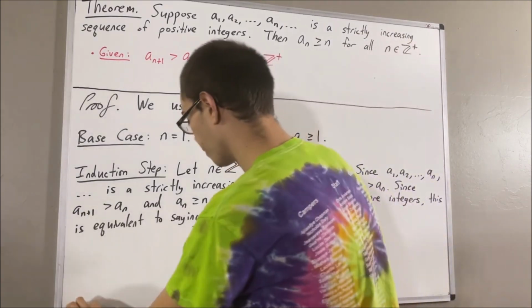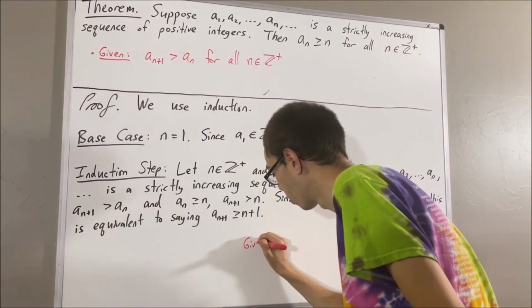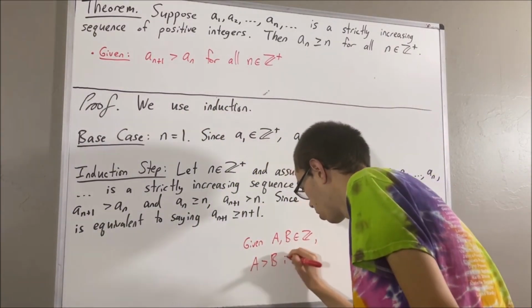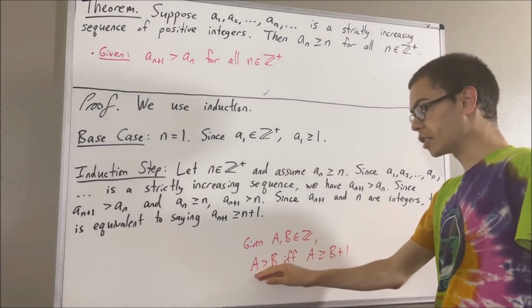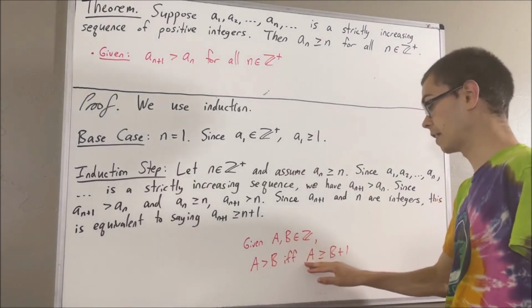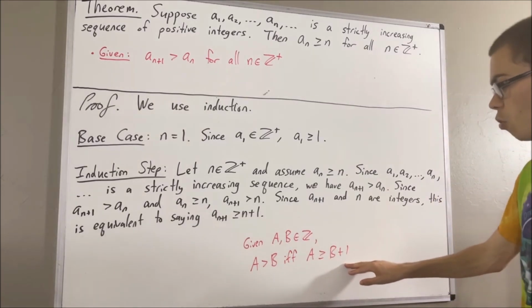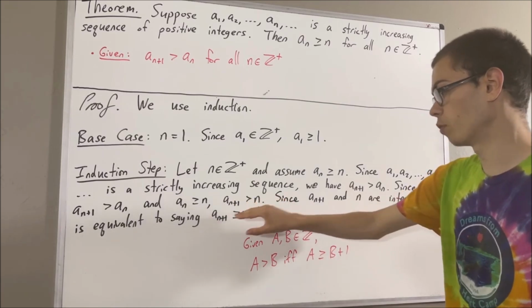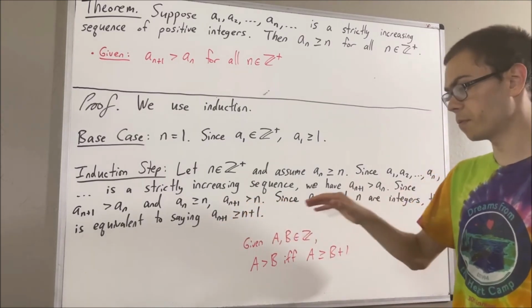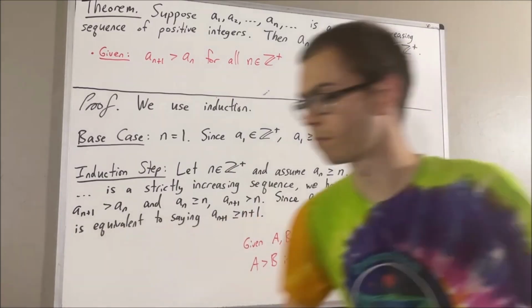If you recall, the following statement is true. Given any two integers a and b, a is greater than b if and only if a is greater than or equal to b plus 1. We're basically just applying this fact to say that this inequality is equivalent to this inequality. So, yeah, this is true.